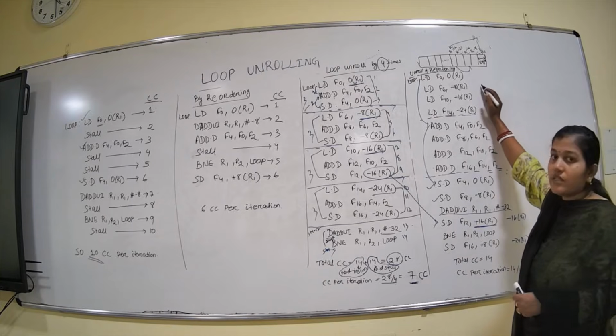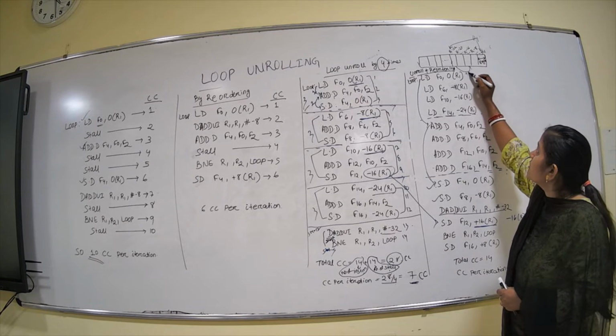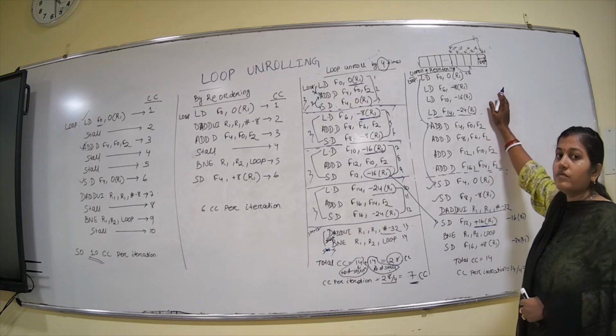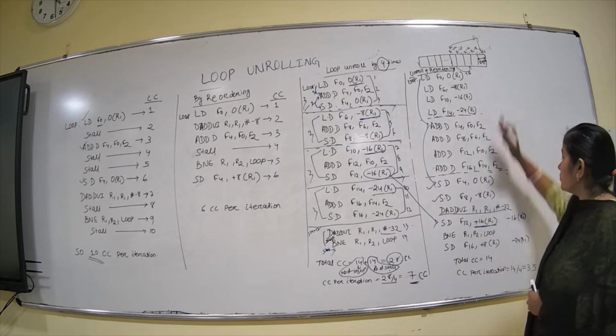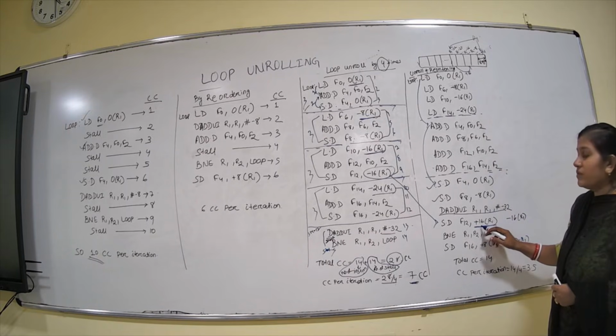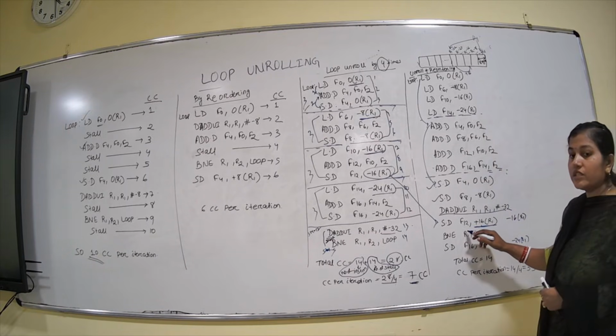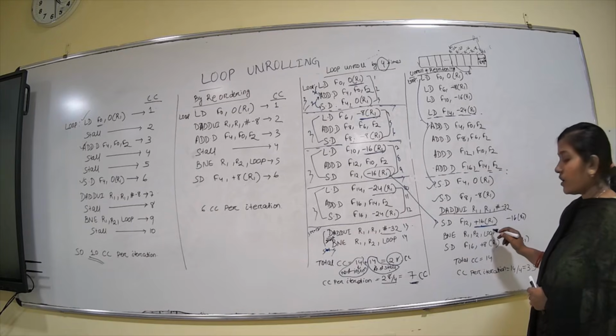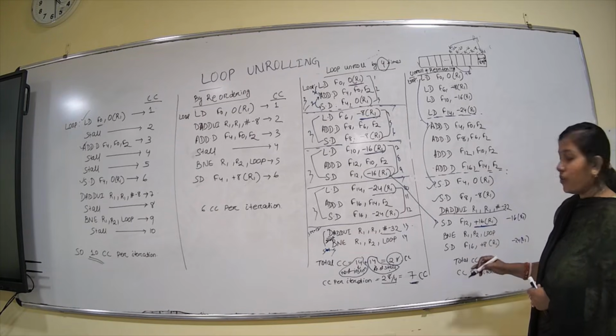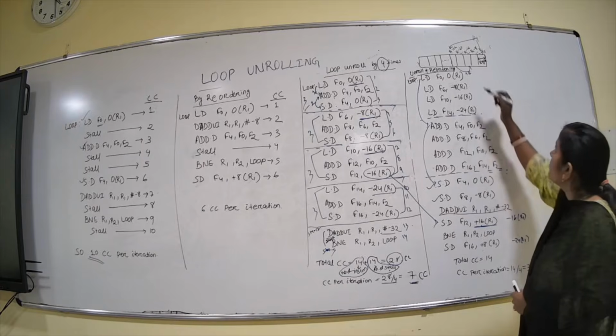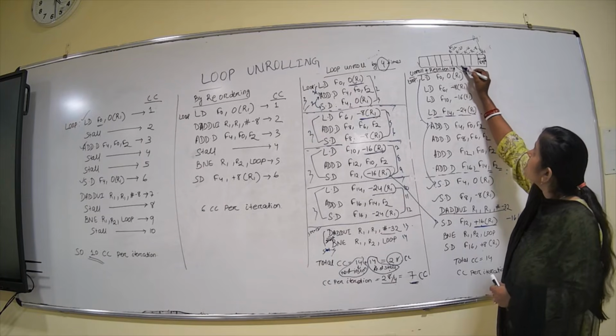So how will I access it? If you add plus 16. Getting it? So that's why. For the third store instruction, it is plus 16 of R1. For the fourth store instruction, it will be plus 8.